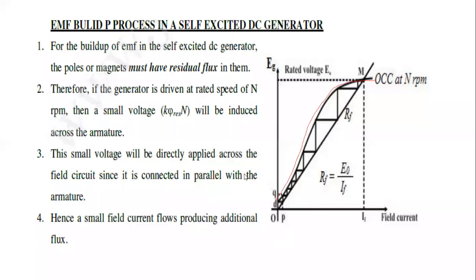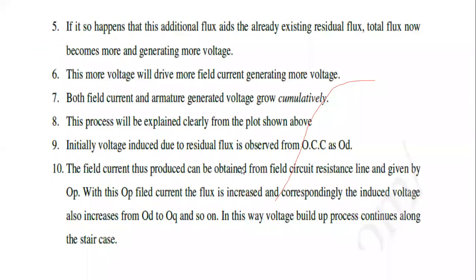Therefore more flux will be produced, and due to that more flux, some more voltage will be added. With the field current OP, the flux increases and correspondingly the induced voltage rises, therefore OD to OQ and so on. This way, the voltage build-up procedure continues.